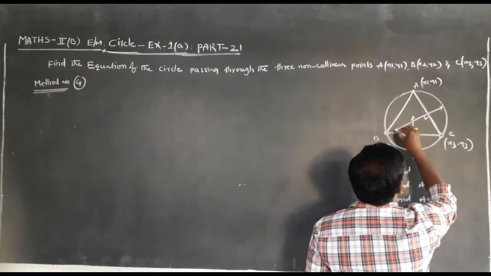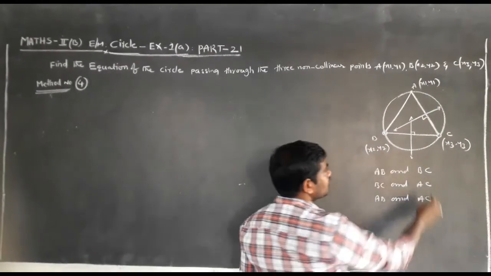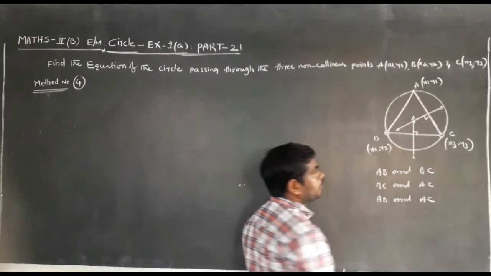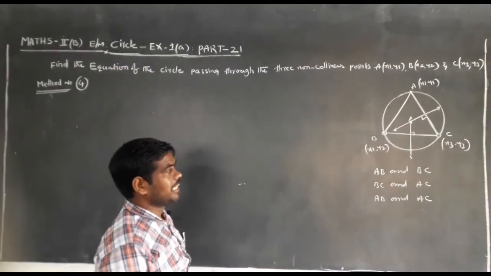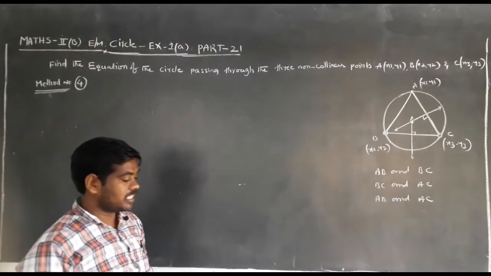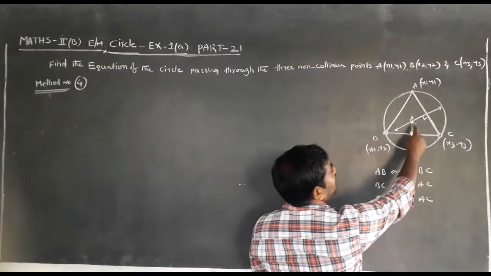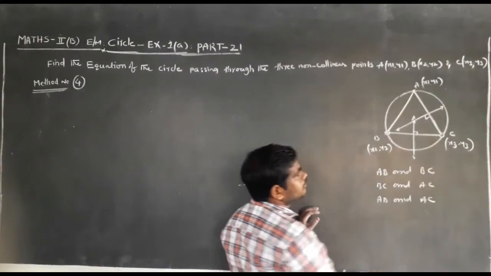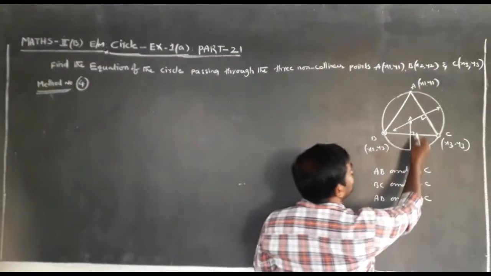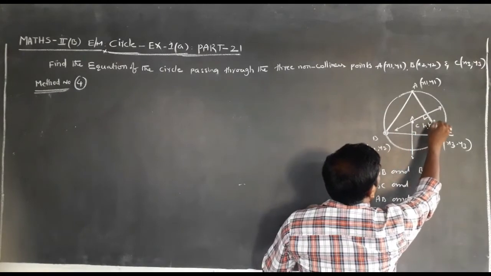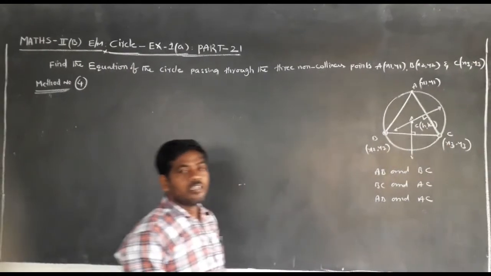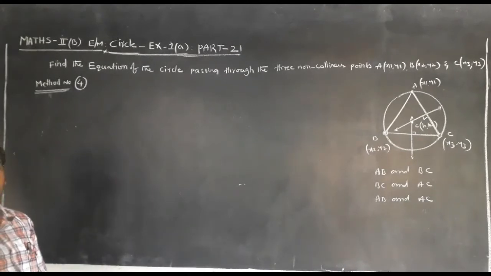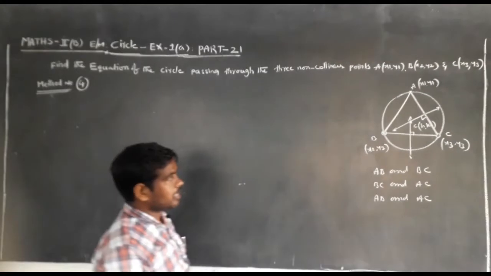The point of intersection of the perpendicular bisectors of the sides BC and AC is the center of the required circle.